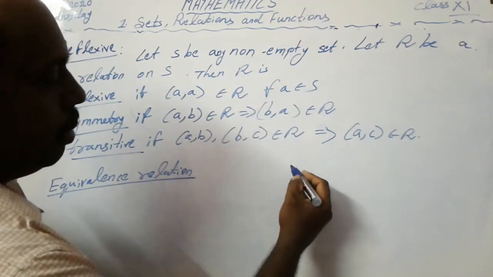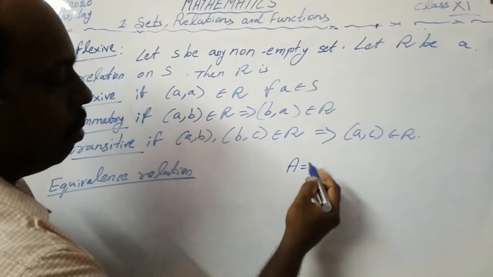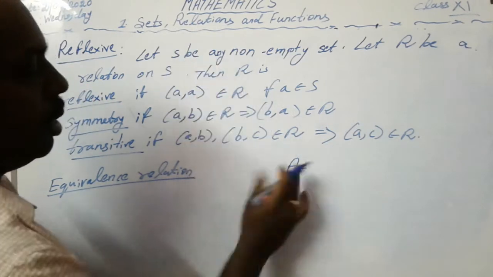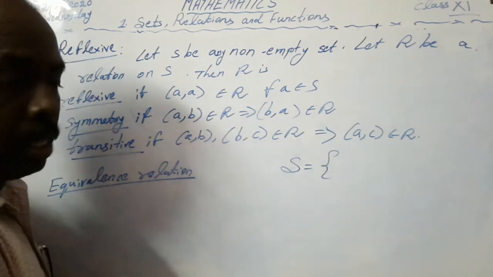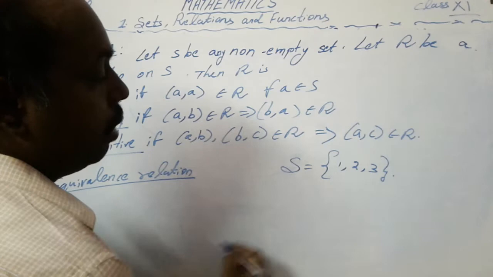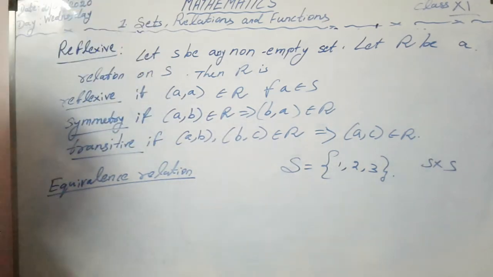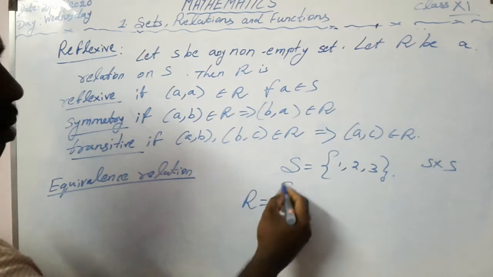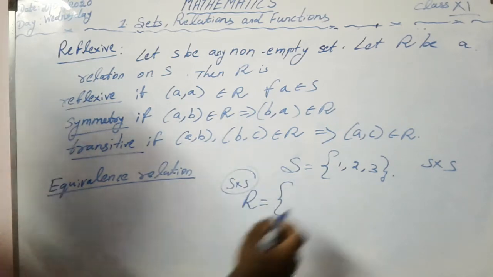One set I am taking, a non-empty set A. Otherwise, the same set itself we can take. S is a non-empty set, {1, 2, 3}. Then we have to find the relation S into S. How will you write the relation R equal to S into S?